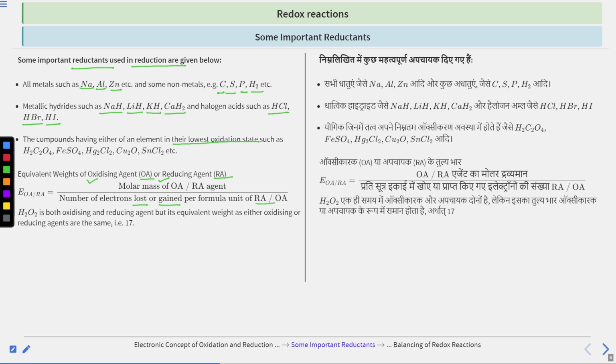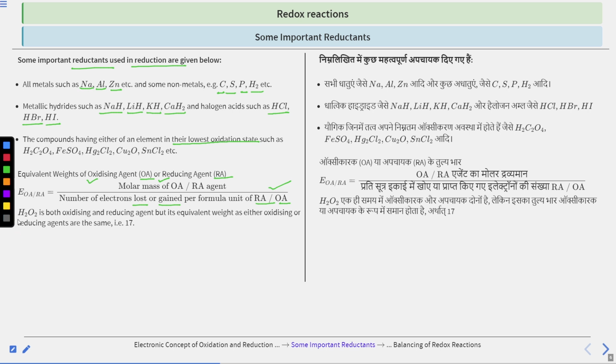Whether electrons are lost or gained depends on whether the compound is a reducing agent or an oxidizing agent. And this is the final formula we have for the equivalent weight of any oxidizing or reducing agent.